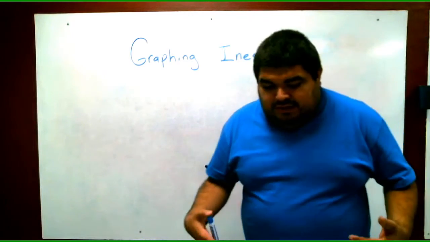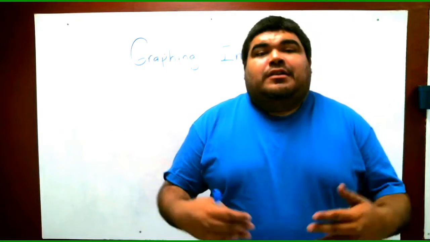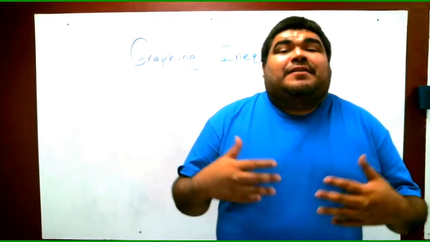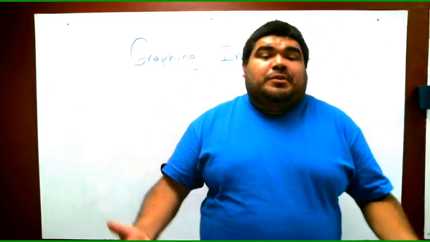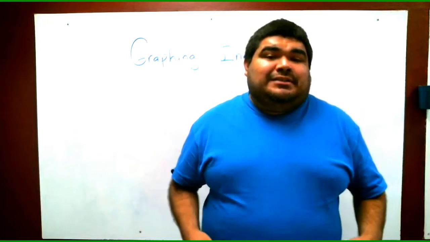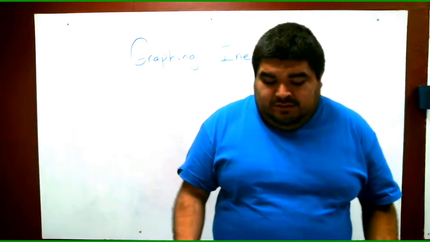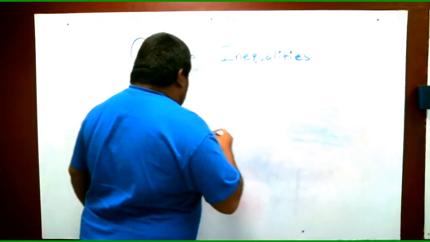The whole point of today is, in order to graph an equation, we have to leave it in slope-intercept form. Sometimes it's not in that form. I'm going to show you how to solve for an equation and leave it in slope-intercept. Then we graph it. Then once we graph it, we have to shade it, okay? Notice that here's our equation for today.